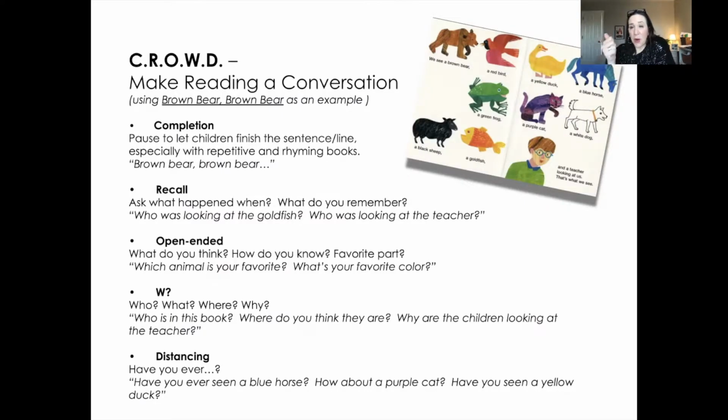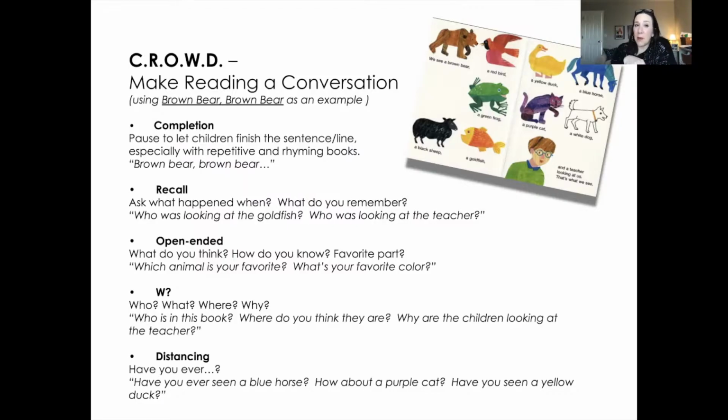When we read Brown Bear, we know that we say over and over again, Brown Bear, what do you see? I see a looking at me, right? So the kids get to complete it. They can say Brown Bear, what do you see, and then they can say what the thing is. That's completion. You're letting them fill in the blanks.